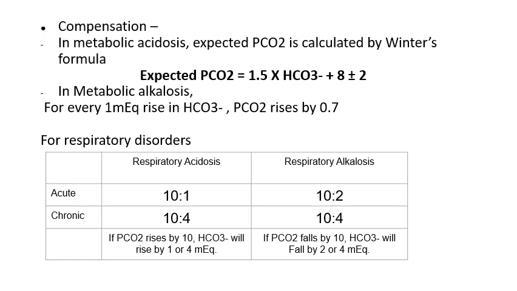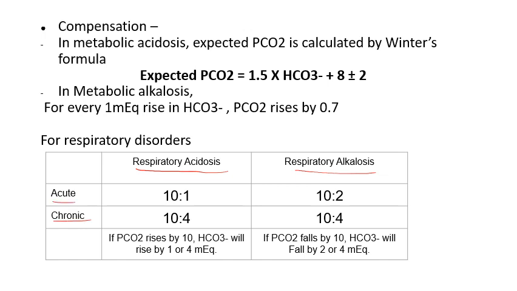Then in metabolic alkalosis, for every 1 milliequivalent rise in bicarb, the PCO2 rises by 0.7 millimeters of mercury. Then this table is very important for respiratory disorders, respiratory acidosis and alkalosis, and on this side of the table is acute and chronic.